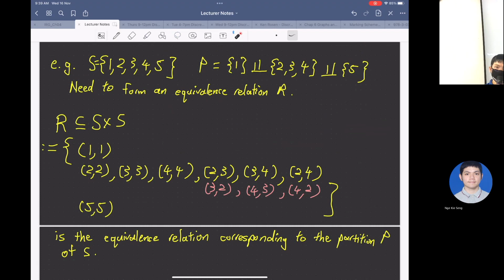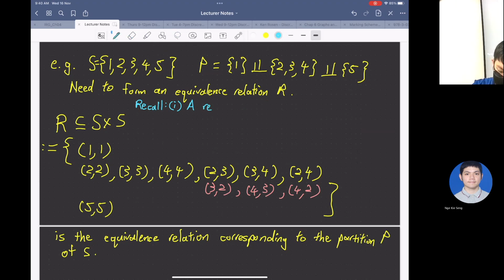Relation. Definition of relation. Okay, so let's recall. Maybe start from a relation first.